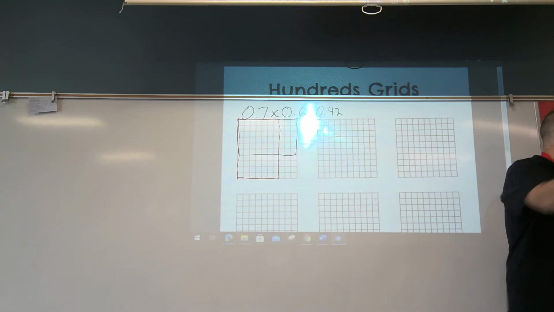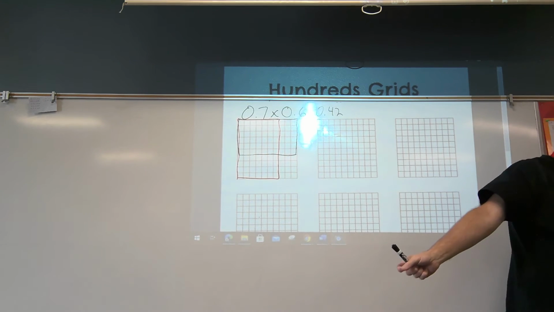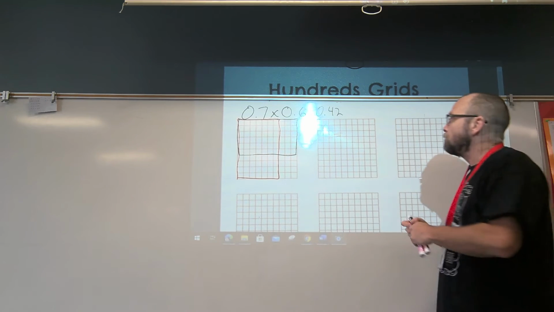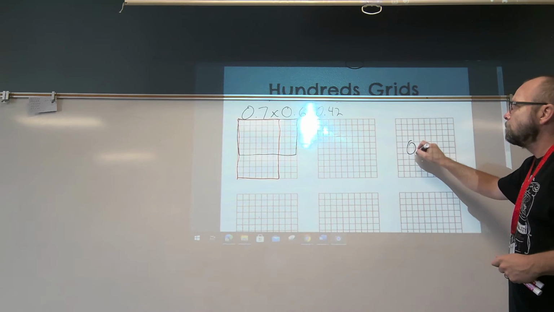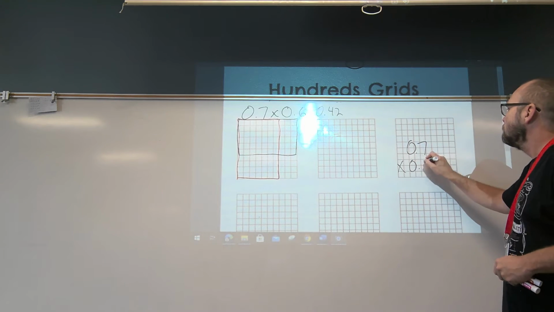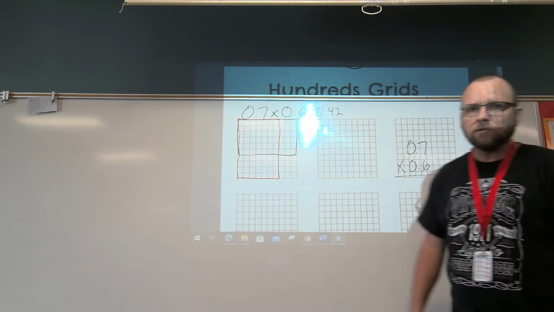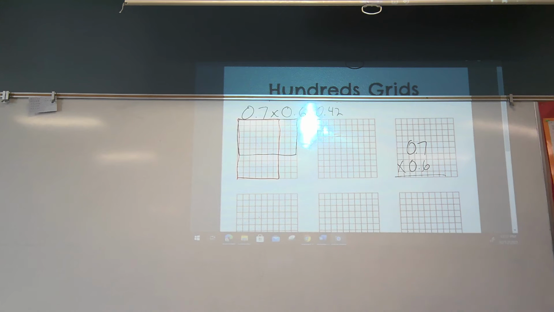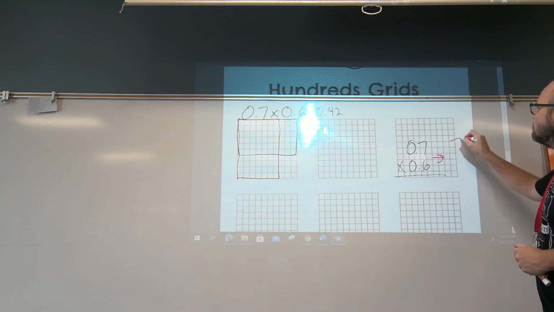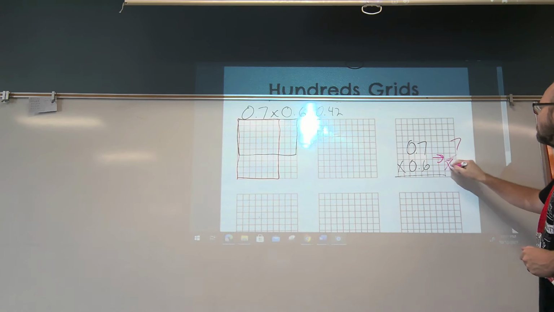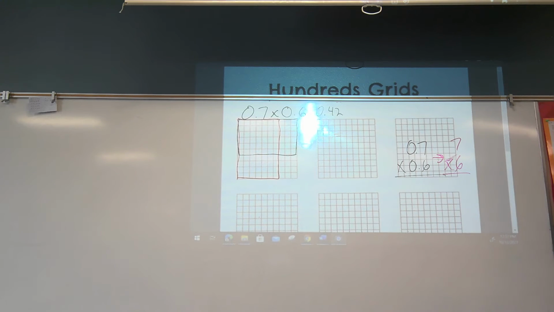Now, I could show you the standard algorithm because we're going to get into that. When multiplying decimals, we rewrite it. We ignore the decimal points.